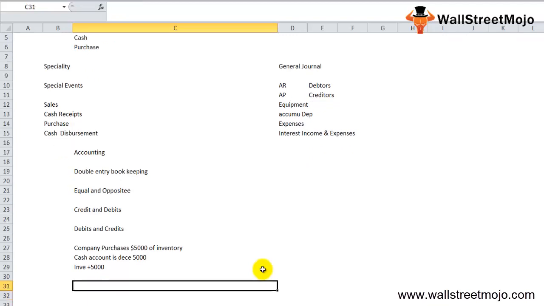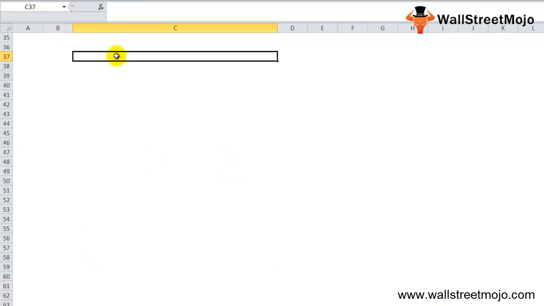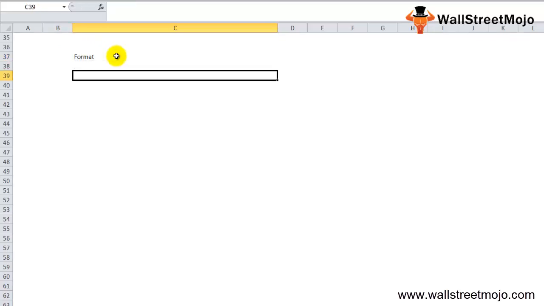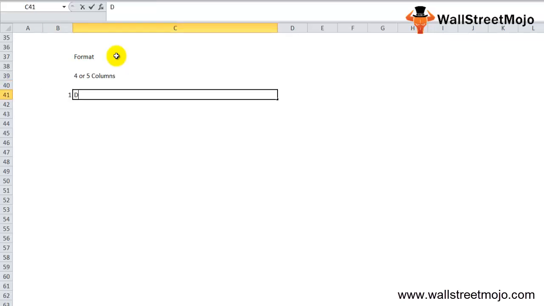Now I will provide you with the format of the general journal. It provides the chronological order of all non-specialized accounts and consists of 4 or closely 5 columns. The first one starts with the date of transaction, then there is a short description.